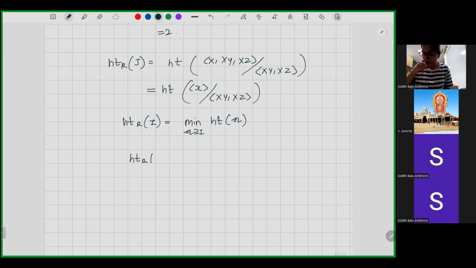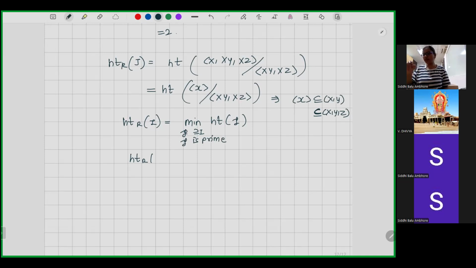The minimum of height means, we have this chain (X), (X, Y), (X, Y, Z), but we have to check the minimum of all those heights, and P is prime.